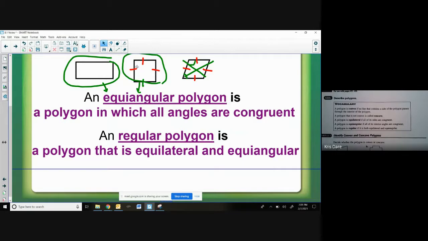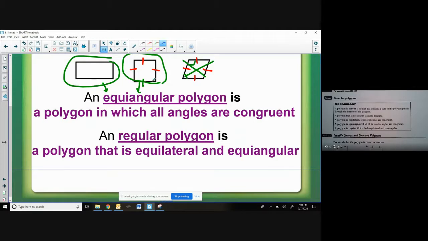Well, let's go back up to these shapes, okay? Are any of these shapes, our rectangle, our square, or a rhombus, both equiangular and equilateral? Think about that for a minute. So that would be a shape that has, in this case, they're quadrilaterals, so 4 equal sides and 4 equal angles. Does that apply to any of those?